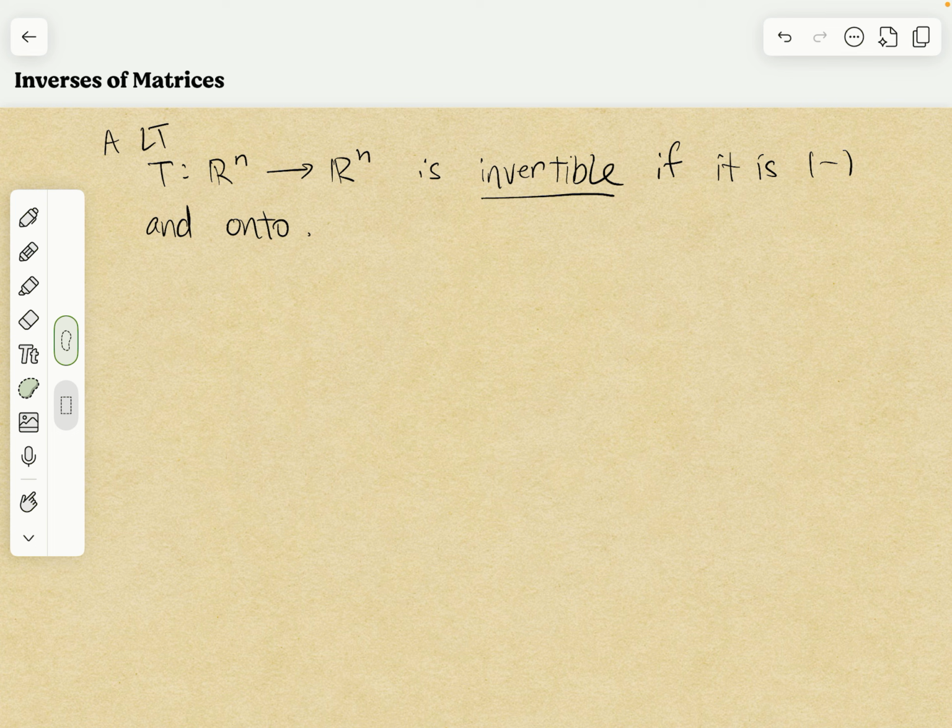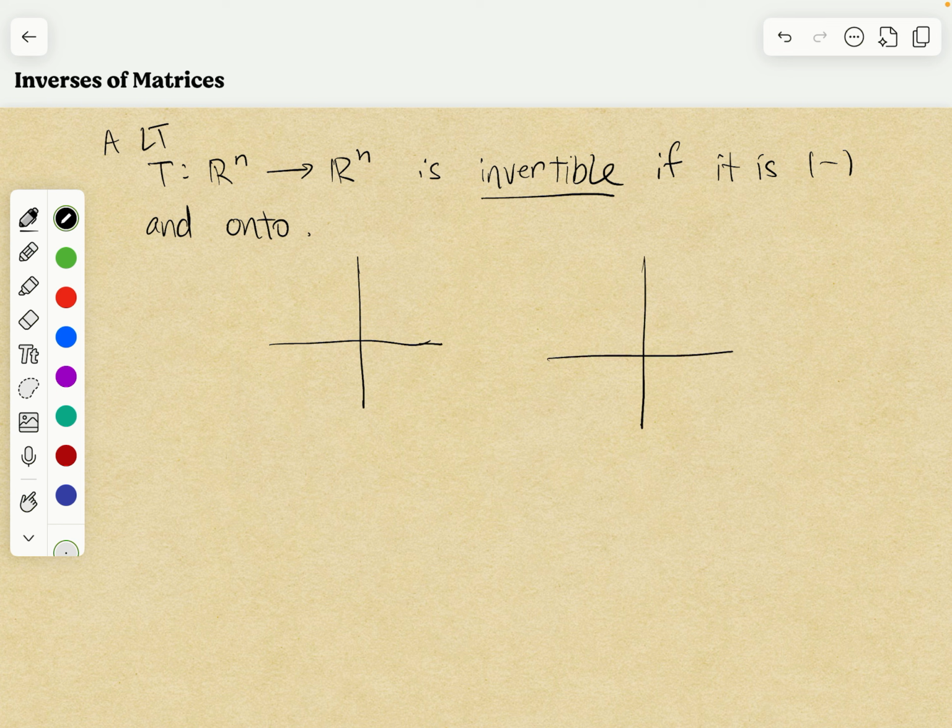So here's my picture. Let's say that you have R2 and then R2. If you have an invertible linear transformation, what will happen is that E1 and E2 will go to linearly independent vectors like this. Maybe that's T of E1, and maybe that's T of E2.